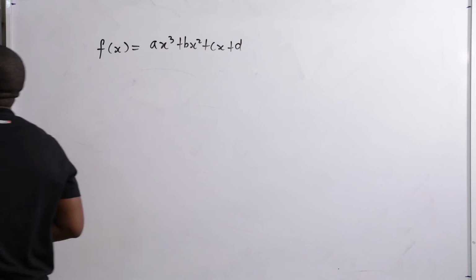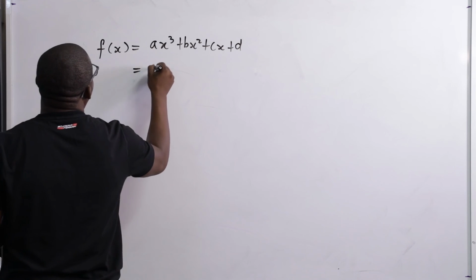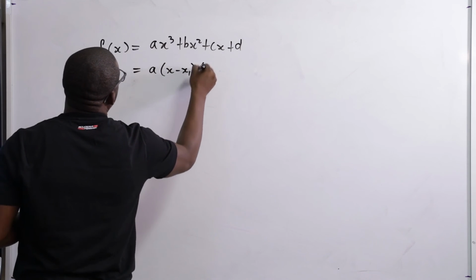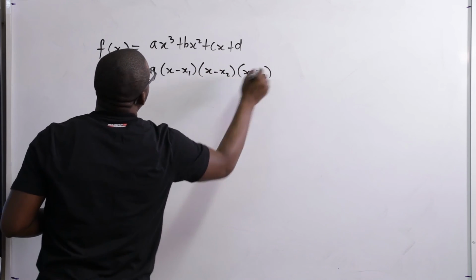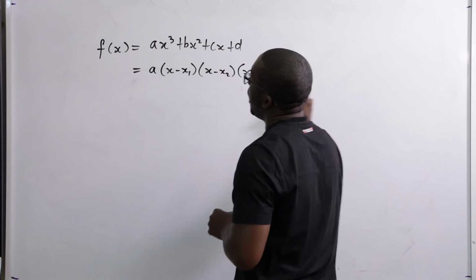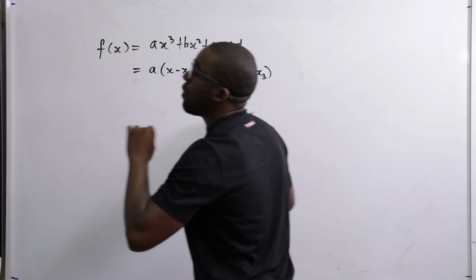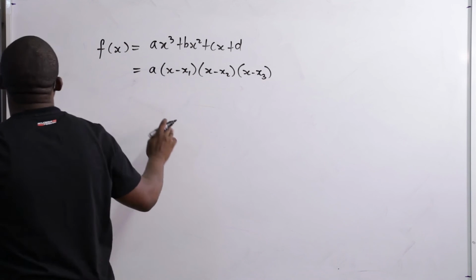The x-intercepts. So this is as good as a times x minus x1, x minus x2, x minus x3. This is the x-intercept format. However, one of those x-intercepts is repeated.